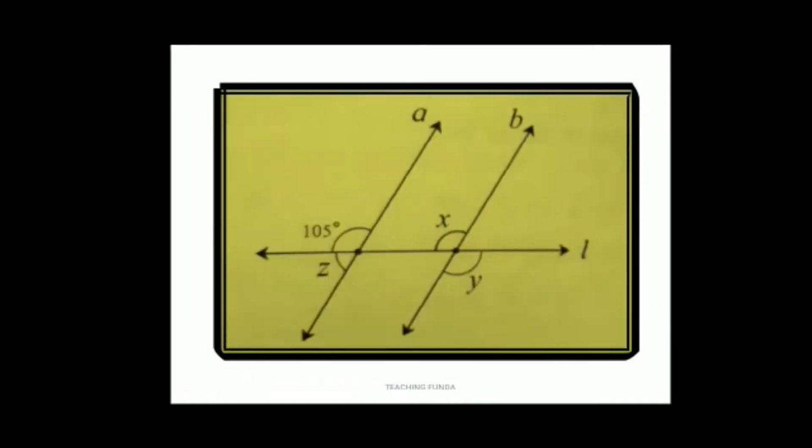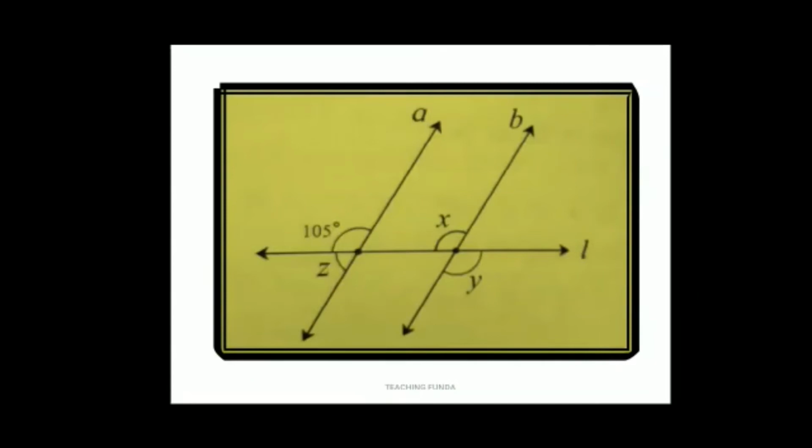Now see, they have given you 105, and you have to find angle X, Y and Z. If you see this figure carefully, 105 degree and X are corresponding angles, and corresponding angles have equal measures. So angle X is equal to 105 degree.